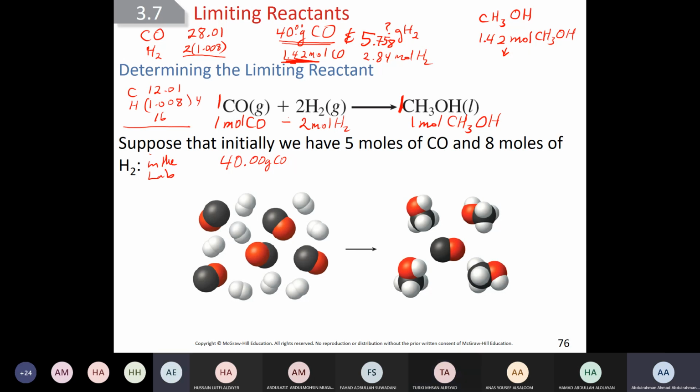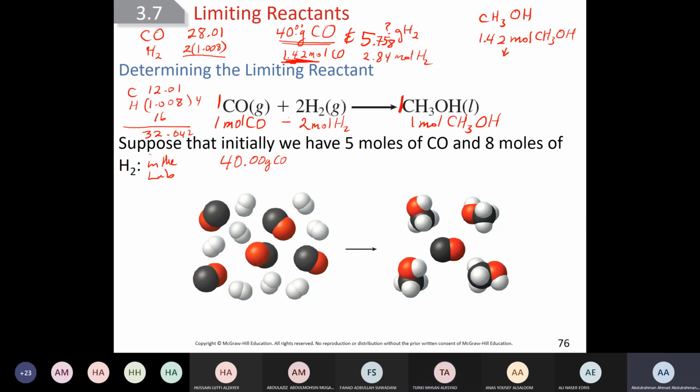The mass is 45.75. No, cannot be. 32.042. I believe you. This is the molar mass.